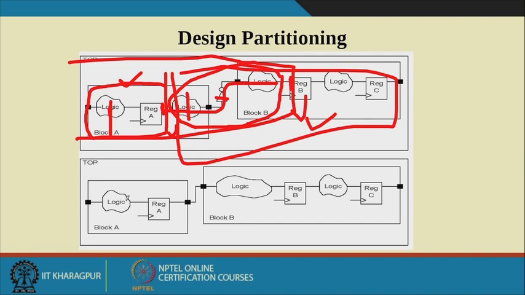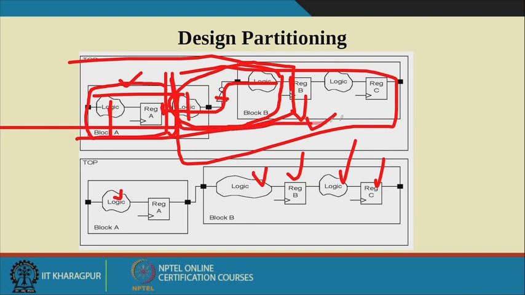But on the input side there is a logic, then register, then logic, then register, then logic, then register. So there is a regular pattern. That's why I have to consider these particular things as U1, and the rest as U2.